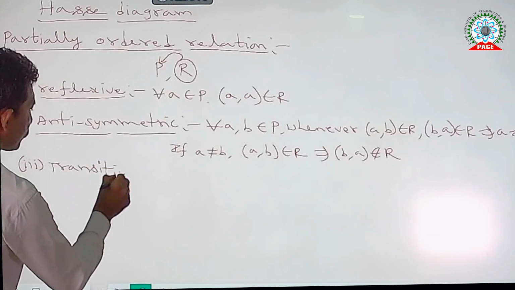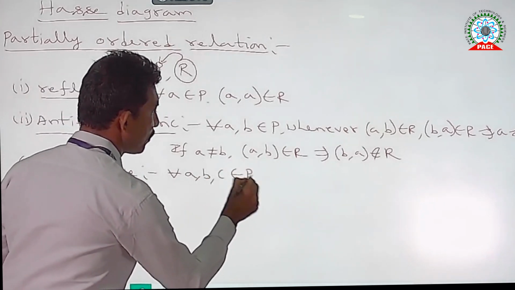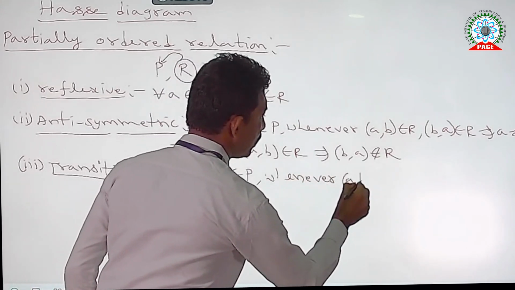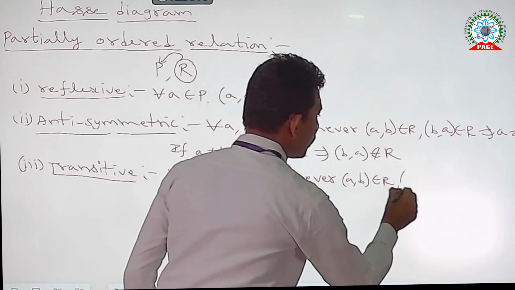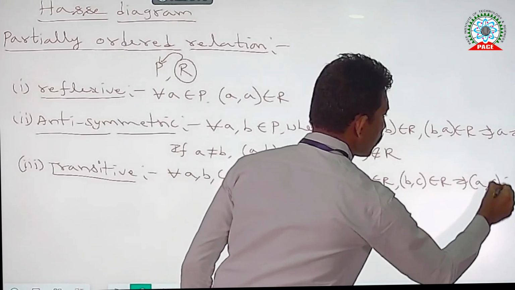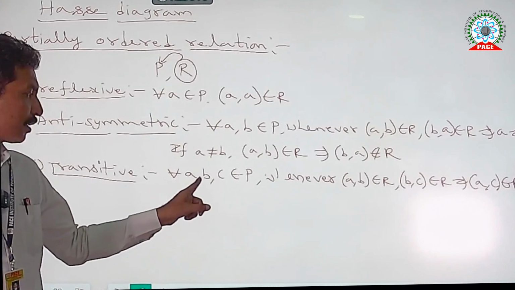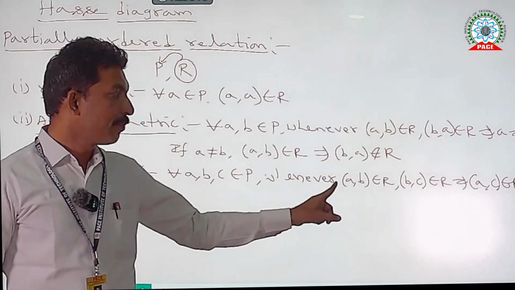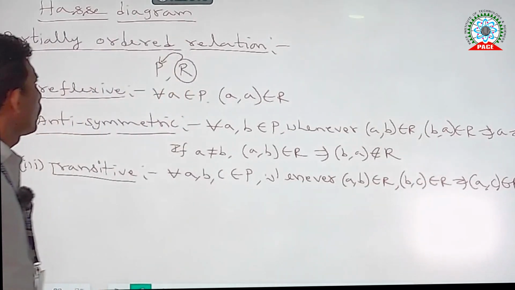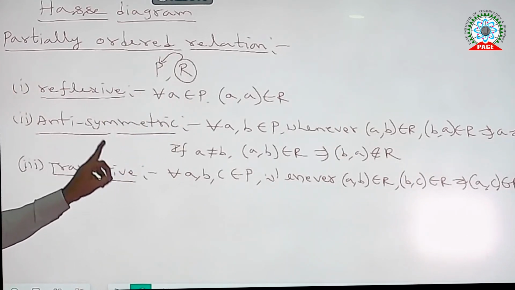For any three elements A, B, C belongs to capital P, whenever A comma B belongs to R and B comma C belongs to R, then A comma C belongs to R. So transitive property means for every three elements A, B, C belongs to P, whenever AB belongs to R and BC belongs to R, then AC belongs to R. So a relation R is said to be partially ordered relation if it is reflexive, antisymmetric and transitive.